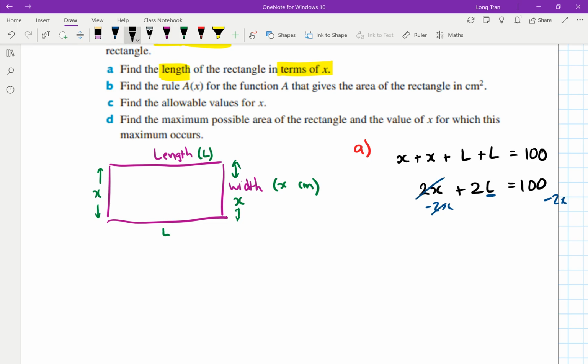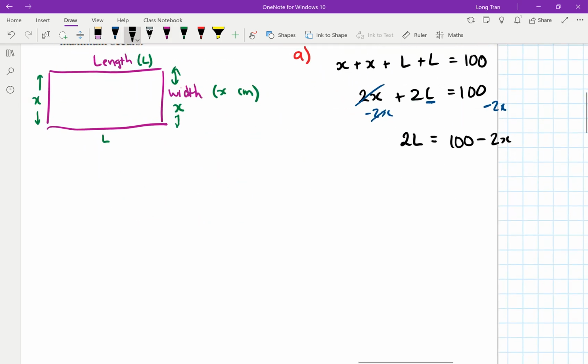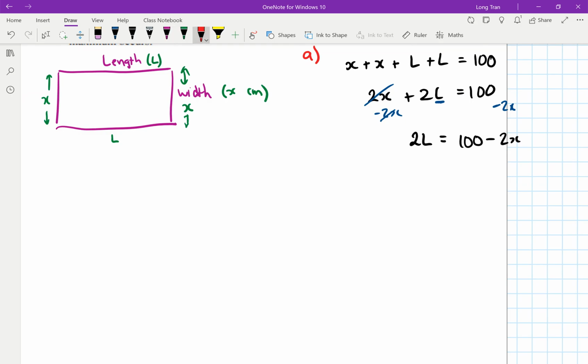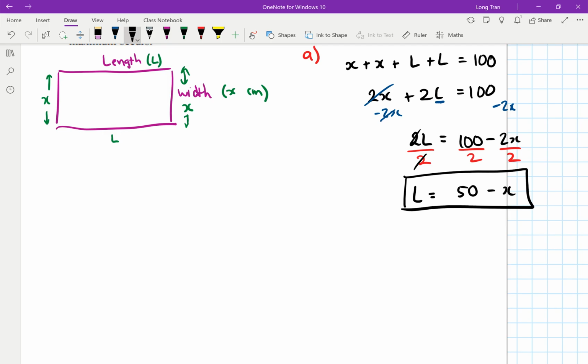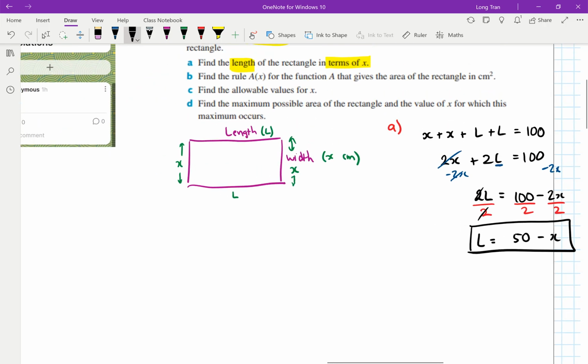You now have 2L is equal to 100 minus 2x, and dividing every single term by 2, 2 divided by 2 cancels out. L is equal to 50 minus x. So that now gives me the equation for the length in terms of x.